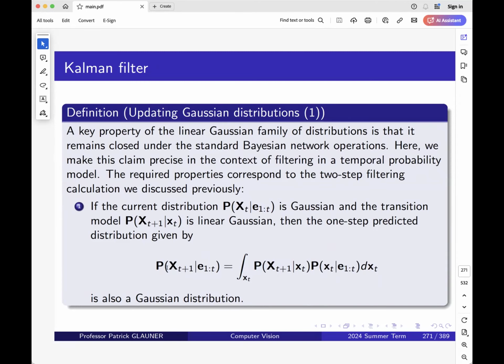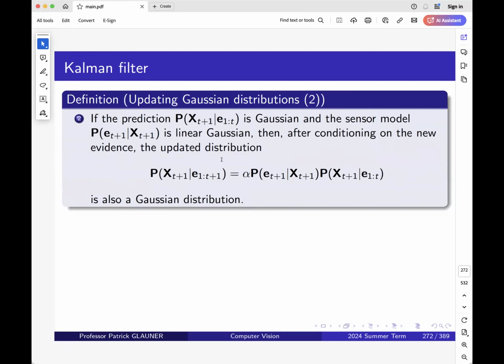We've done this one here, and now we want to plug in the new evidence. So p of xt plus 1, given all the evidence and the new evidence: we know that p of xt plus 1, given the evidence, is Gaussian. That's what we said before.